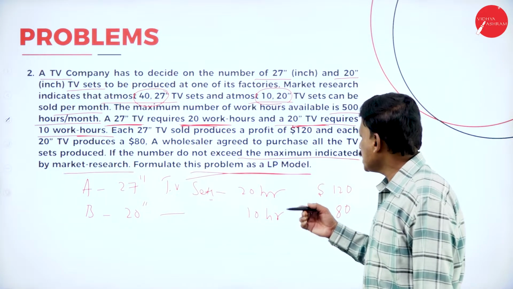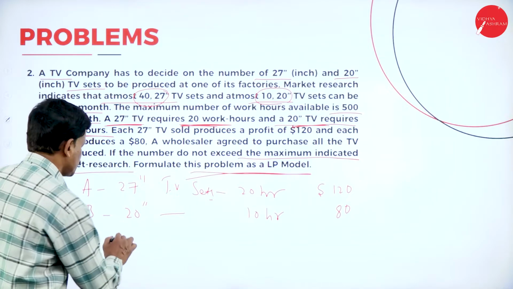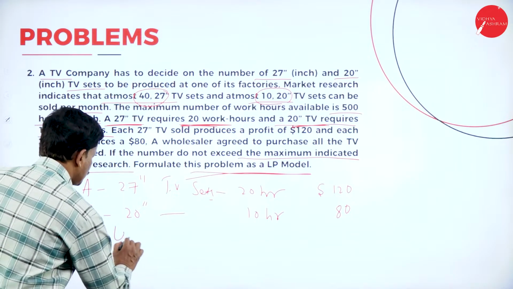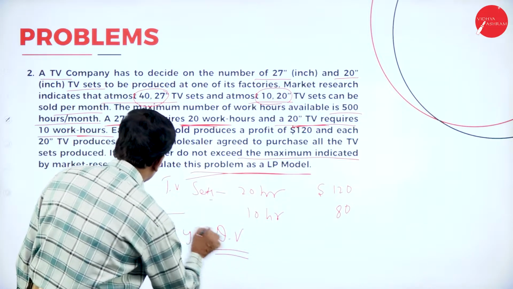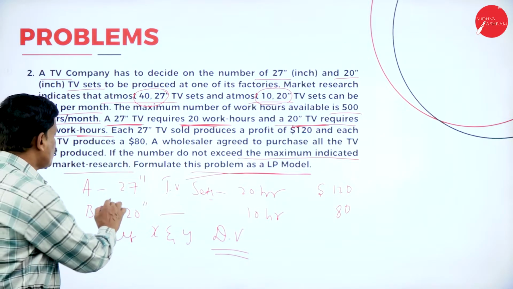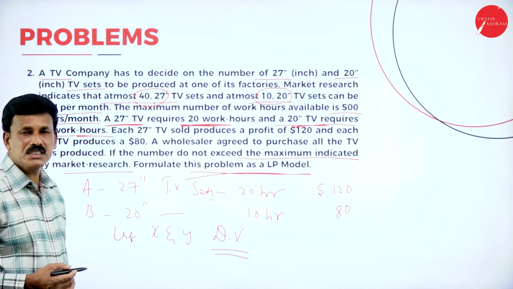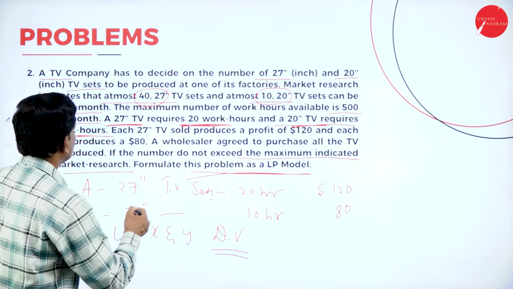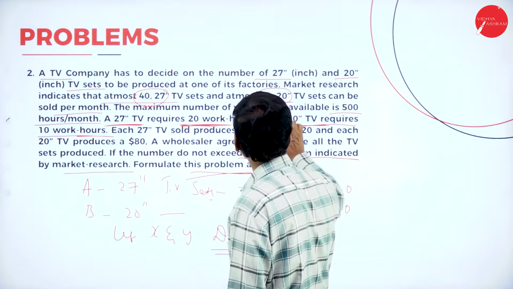Okay, now let us define, let me solve this. Let X and Y be the decision variables for products A and B, that is, for the 27-inch TV and the 20-inch TV. Now the objective function is, I'll go to the next page.